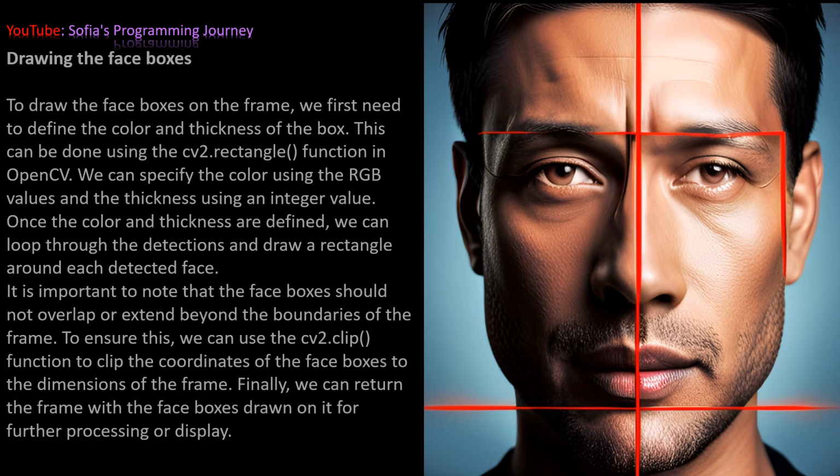It is important to note that the face boxes should not overlap or extend beyond the boundaries of the frame. To ensure this, we can use the cv2 clip function to clip the coordinates of the face boxes to the dimensions of the frame. Finally, we can return the frame with the face boxes drawn on it for further processing or display.